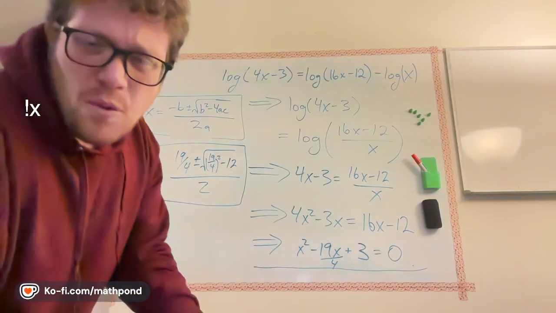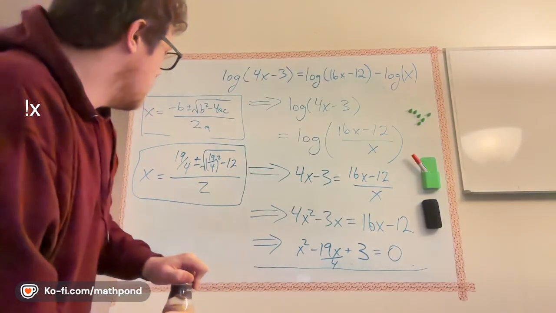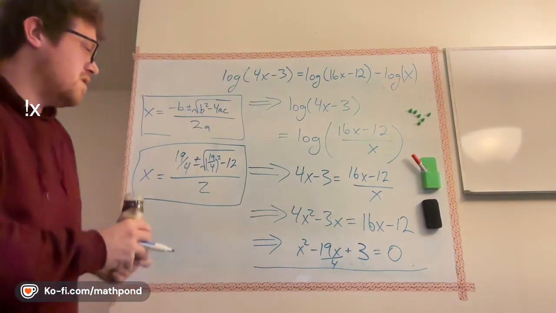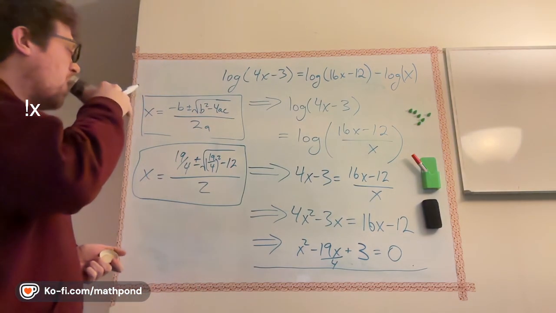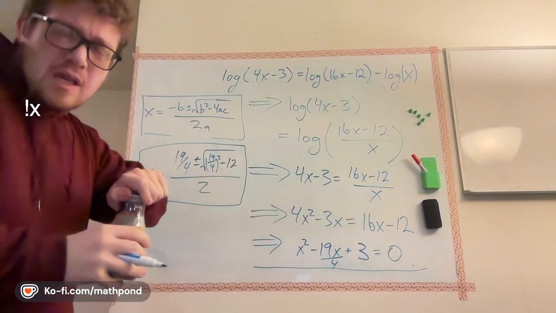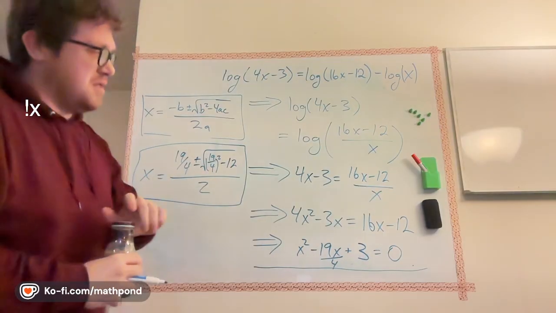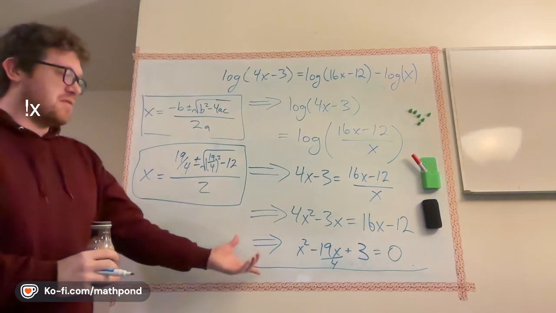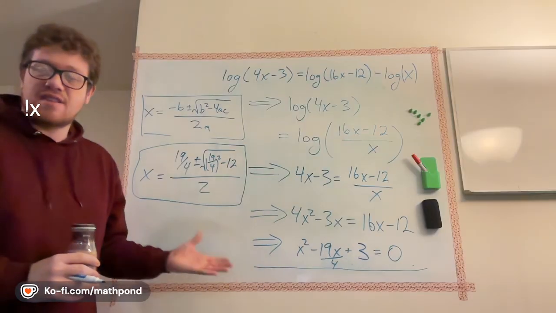Multiply these to get 48. What am I multiplying? So what's your question? How to figure this out without a calculator? Is that the question?